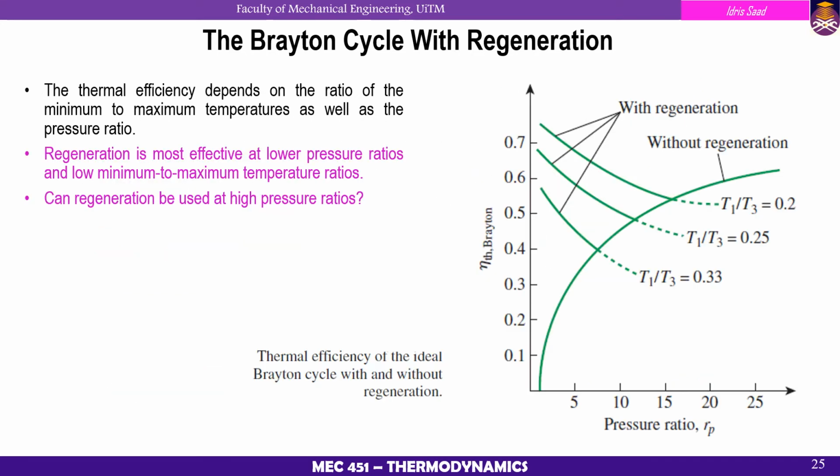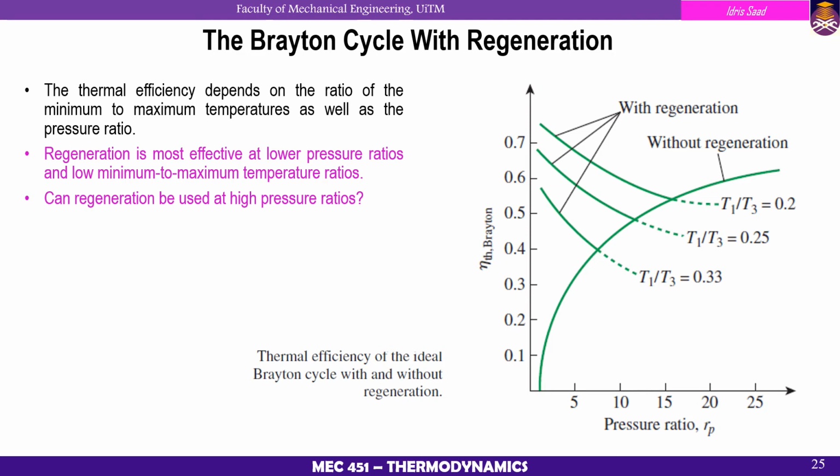The thermal efficiency of the gas turbine engine also depends on the ratio of the minimum to maximum temperature as well as the pressure ratio. The figure illustrates the relationship between the efficiency of the Brayton cycle as a function of the pressure ratio for the gas turbine engine using regeneration and without using regeneration.